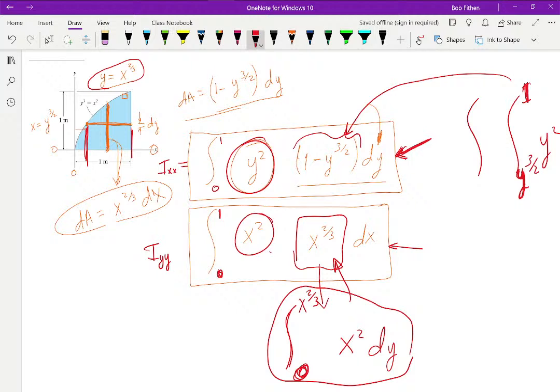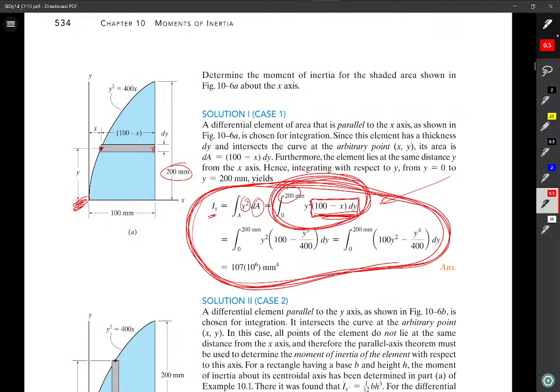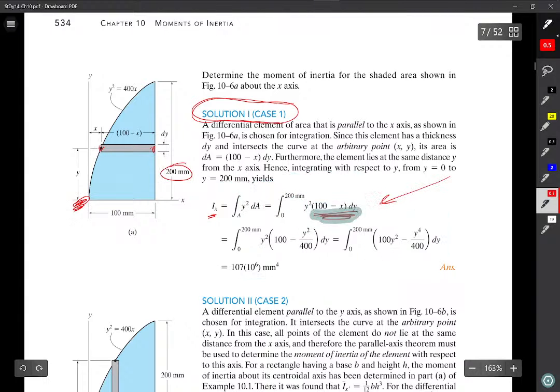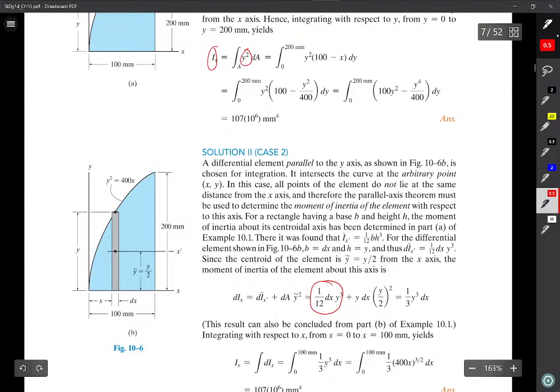Now, if you want to avoid using the parallel axis theorem here, I would say make sure that if you're trying to find Ix, which the y will end up in there, make sure your bars run from left to right. If they run from left to right, you don't have to use solution type or case 2.